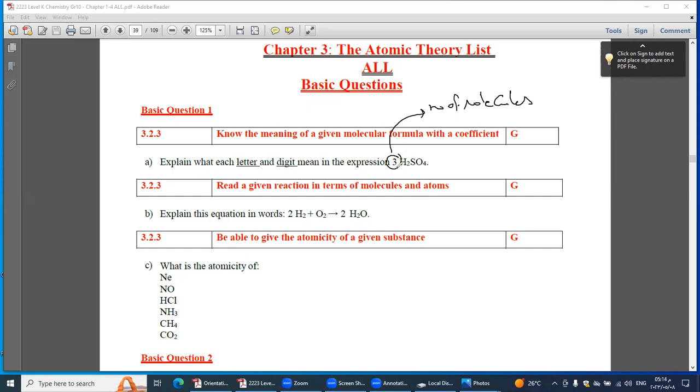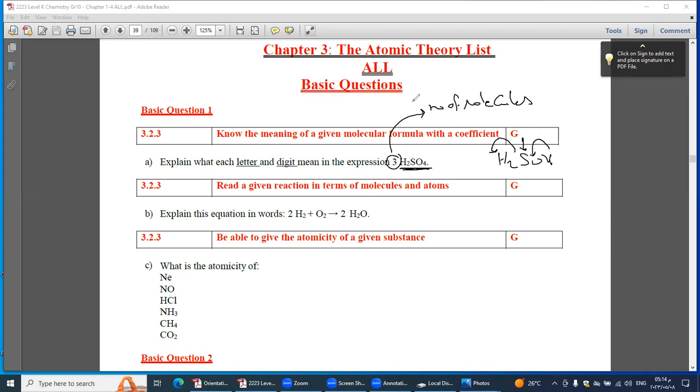So we have 3 molecules of H2SO4. In each molecule of H2SO4 we have 2 atoms of hydrogen, 1 atom of sulfur, and 4 atoms of oxygen.